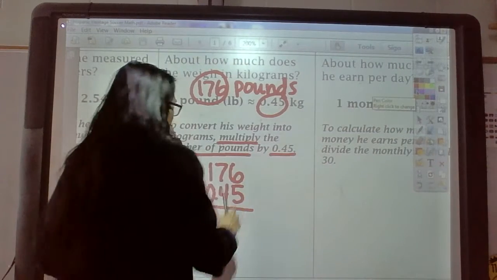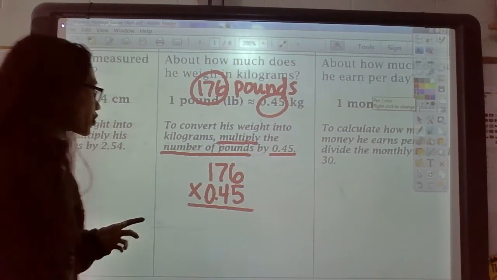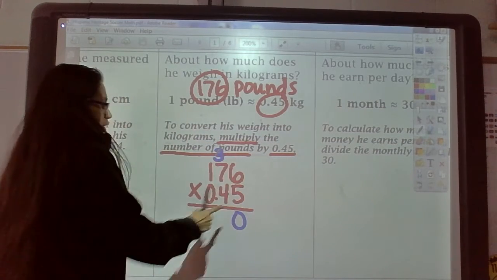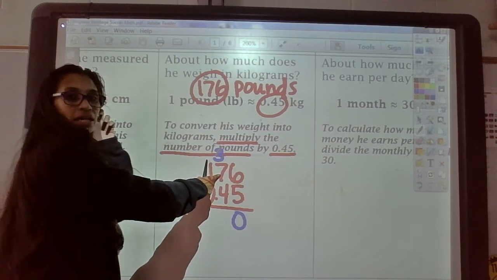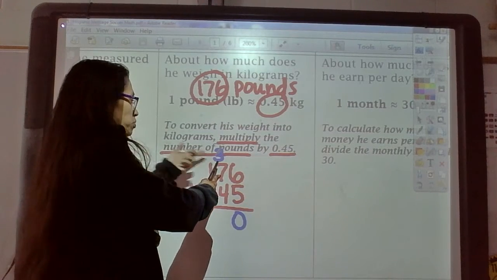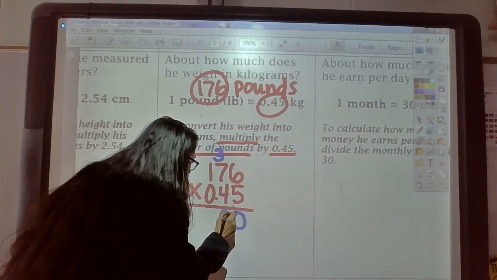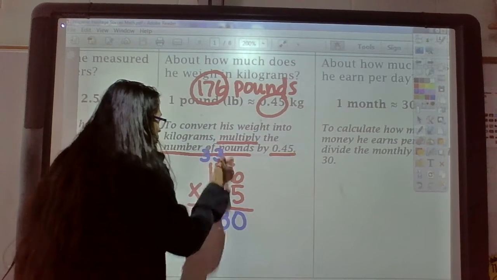Let's start here. 5 times 6 is 30. Write the 0, carry the 3 right there. And then 5 times 7 is 35, plus 3 more, 35, 36, 37, 38. So I write the 8 and the 3 right there.